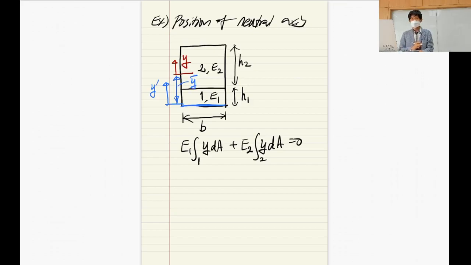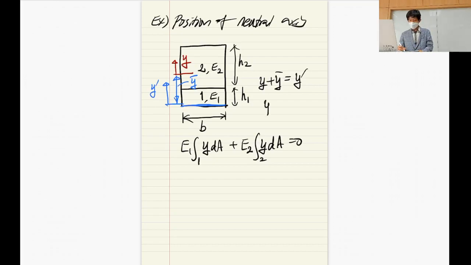So I'm doing exactly the same job that I did before. So Y plus Y bar is equal to Y prime. Does it make sense? What do you think? Yeah, it makes sense, right?